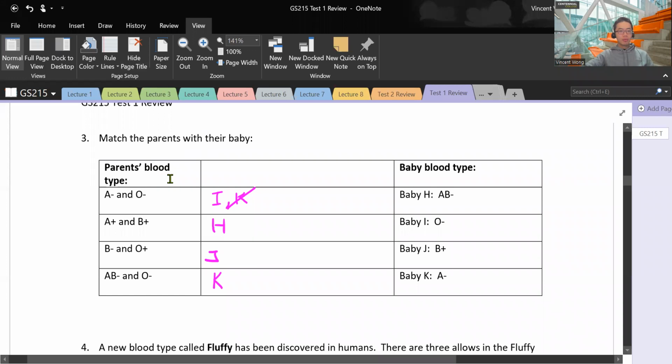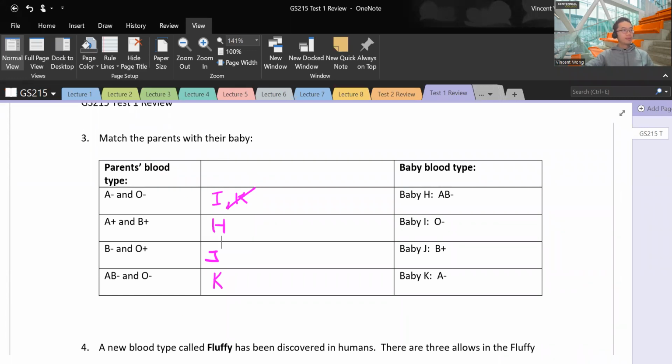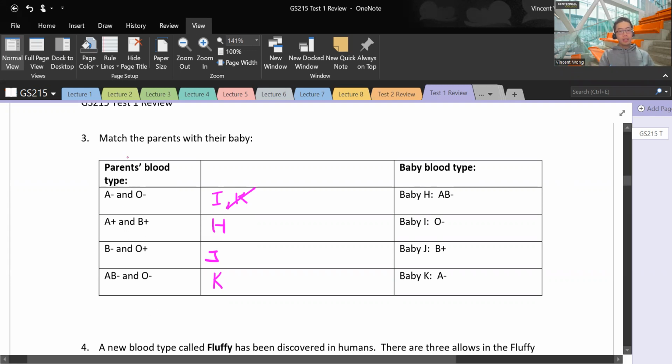Does anybody have any question about matching babies? How could they have H? Sorry, who? Oh, this couple? Yeah, so I know, right? Some of you might be thinking, well, they are both positive. How is it possible that they have a negative baby?